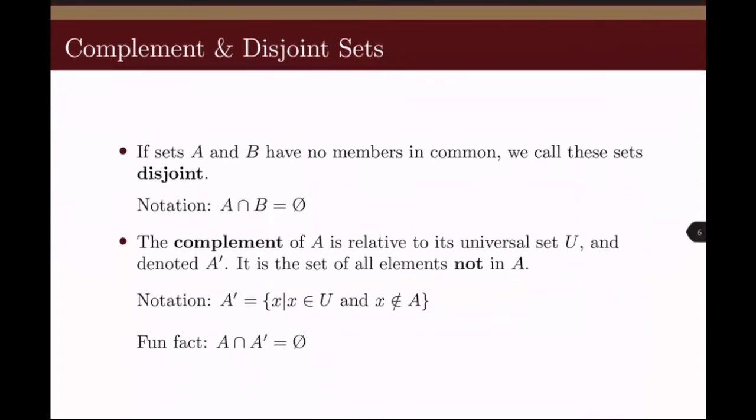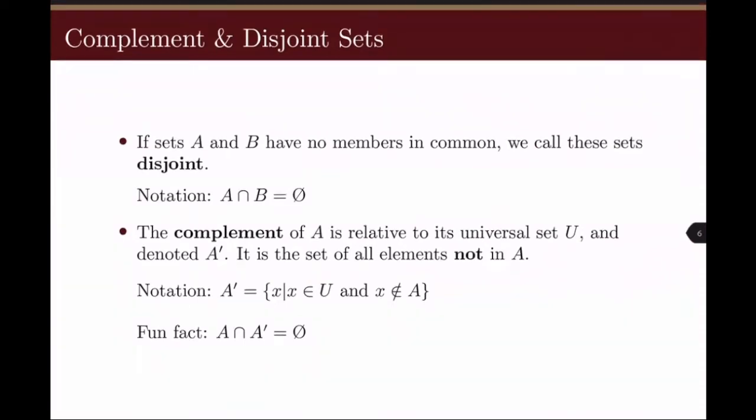Complements and disjoint sets. If sets A and B have no members in common, we call these sets disjoint. And we say that their intersection is empty. So this upside down U here means intersect. A intersect B is empty means they have nothing in common, nothing in their intersection.